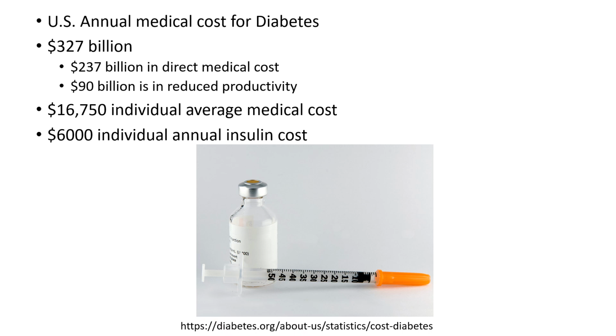So total, that's $327 billion that diabetes is costing us. Now on the individual level, it's going to cost you about $16,000 a year in medical costs. Just insulin alone for an individual costs about $6,000. And remember, it's only a heterodimer with two peptides.